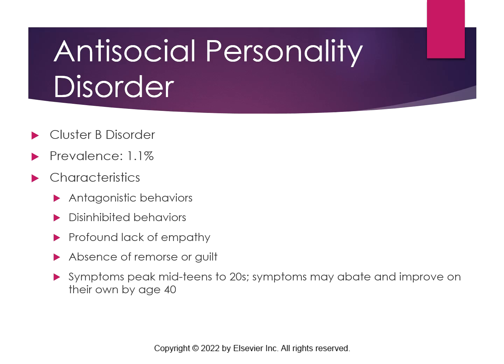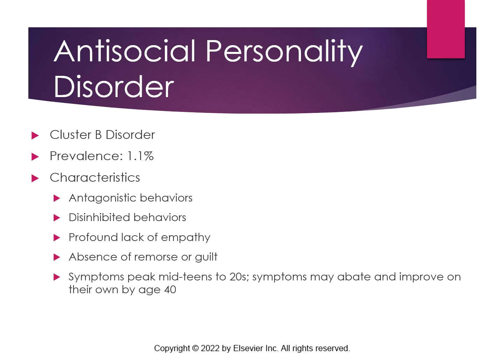Antisocial personality disorder is also a cluster B disorder. The prevalence is small, 1.1%. The characteristics include antagonistic behaviors, disinhibited behaviors, profound lack of empathy, absence of remorse or guilt, and symptoms peak mid-teens to 20s.